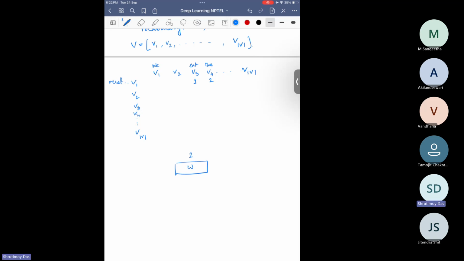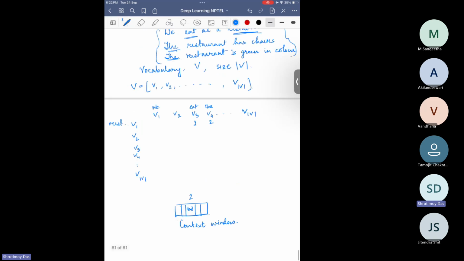That means I want to see which words appear in the next two words of w, or which words appear in the previous two words of w. So this is a context window that we have. Which word appears within two places of w, either before w or after w.